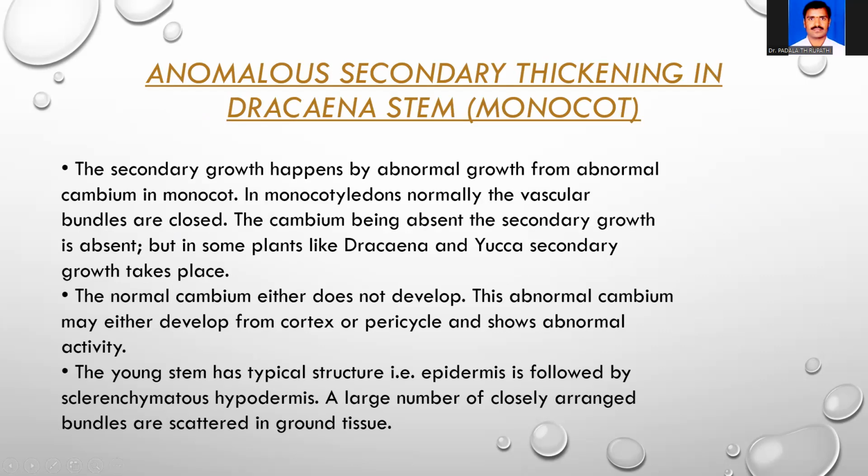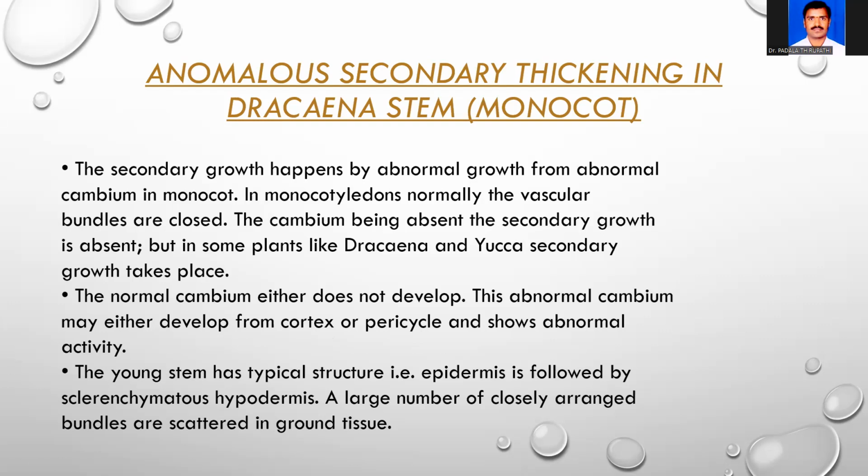But in some plants like Dracaena, Yucca, and Agave, secondary growth takes place. The normal cambium either does not develop, or this abnormal cambium develops from the cortex or pericycle and shows abnormal activity.